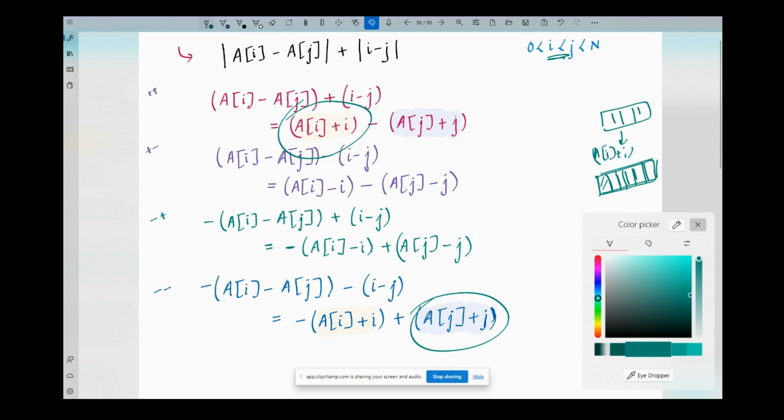That array actually has values which contain the value of a i plus i for all indices. So just give it a moment, think about it. If you had the value of a i plus i for all values in a different array, you could have easily computed the maximum value of this complete expression and this complete expression, right?